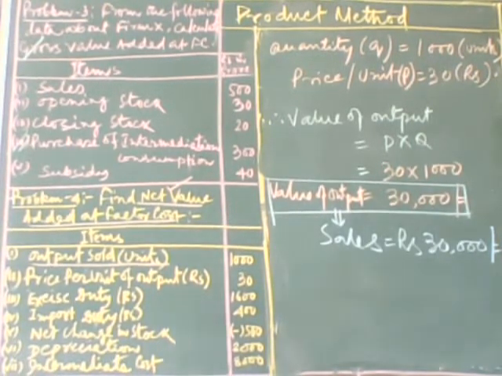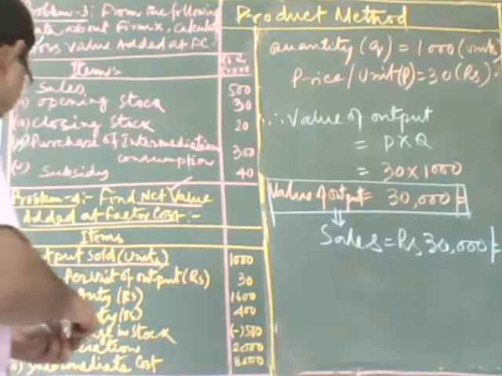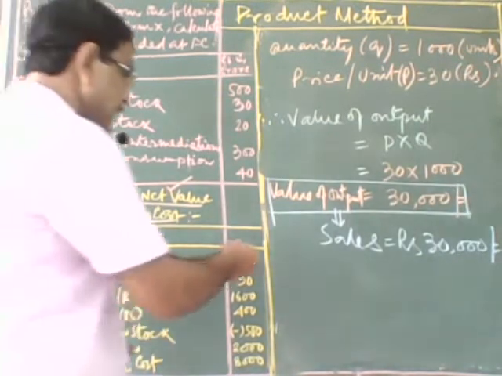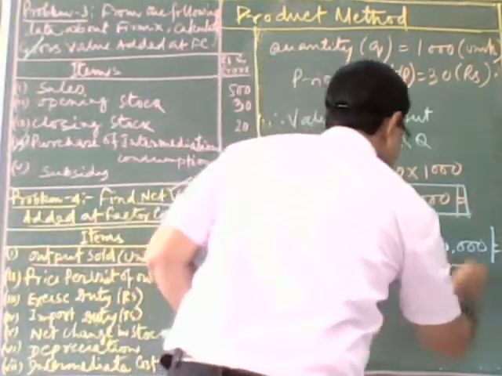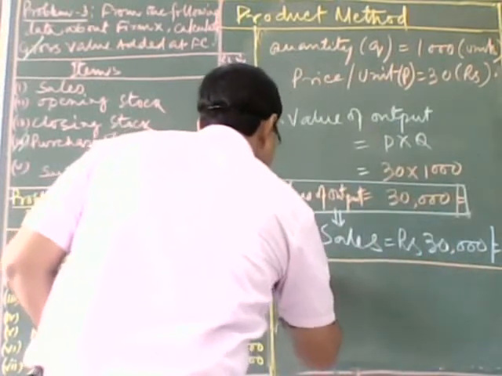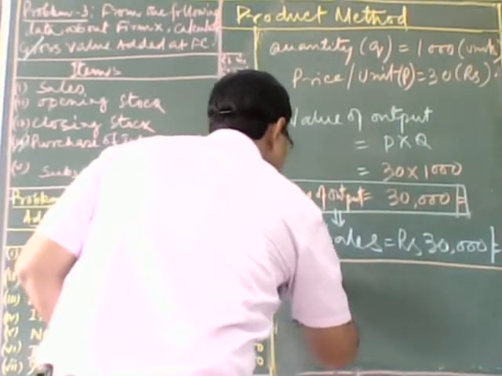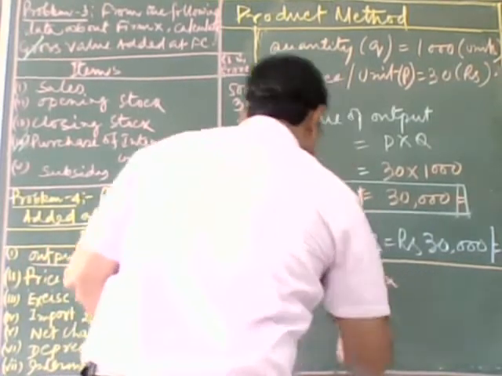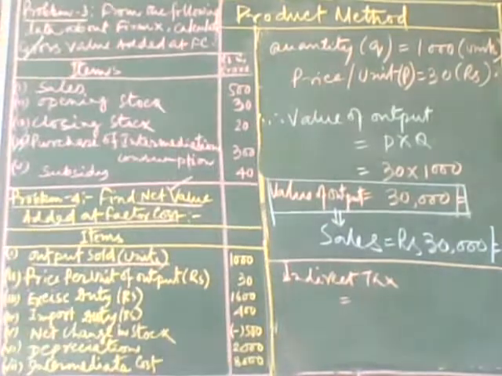Next, I will calculate the value of indirect tax, because here directly indirect tax is not given. Here components are given of indirect tax, that is excise duty and import duty.